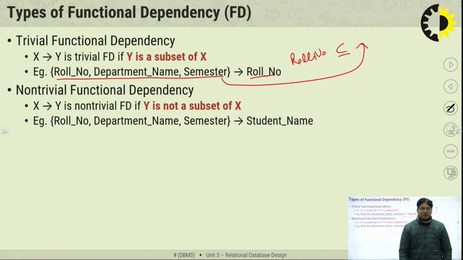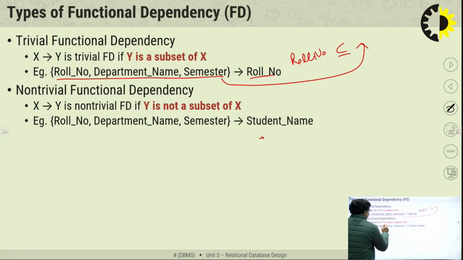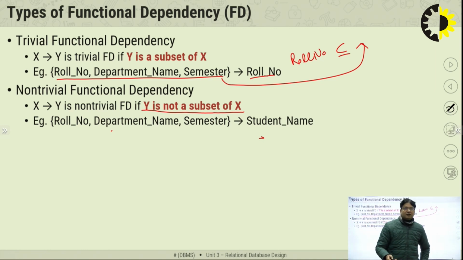Second type of FD is non-trivial FD. X determines Y is non-trivial if Y is not a subset of X. In the previous example, this was a subset. Here the keyword is not a subset of X. Roll number, comma department name, comma semester determine the student name.